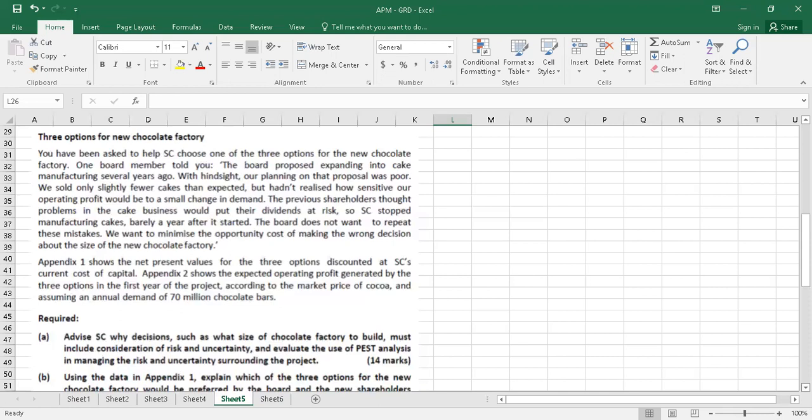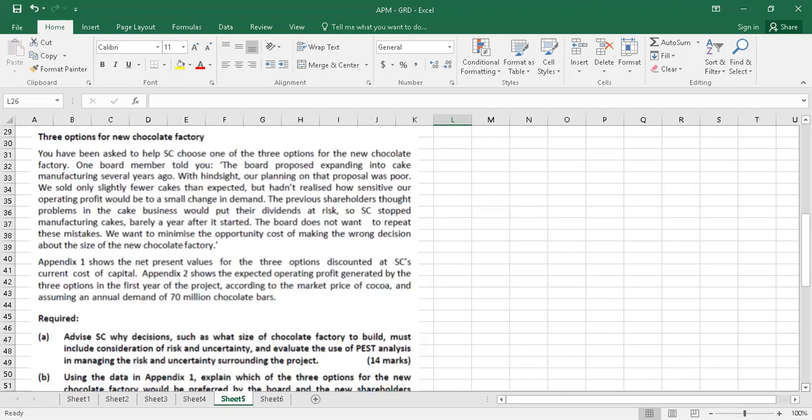We sold only slightly fewer cakes than expected, but hadn't realized how sensitive our operating profit would be to a small change in demand. The previous shareholders thought problems in the cake business would put their dividends at risk. So SC stopped manufacturing cakes barely a year after it started. The board does not want to repeat these mistakes. We want to minimize the opportunity cost of making the wrong decision about the size of the new factory.